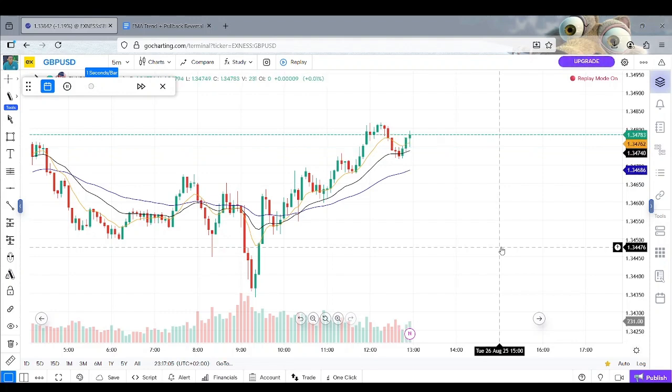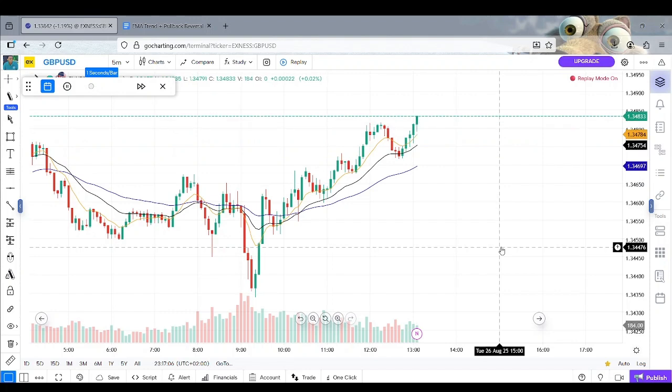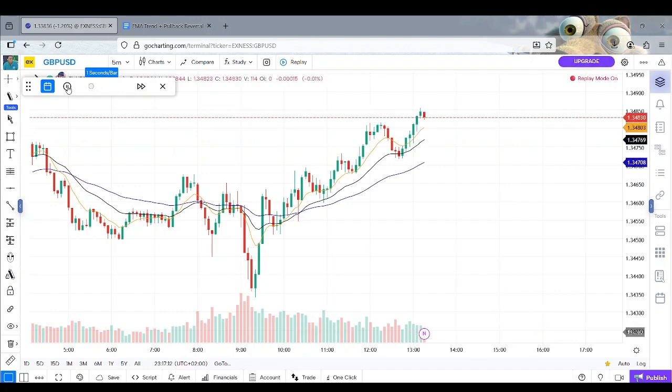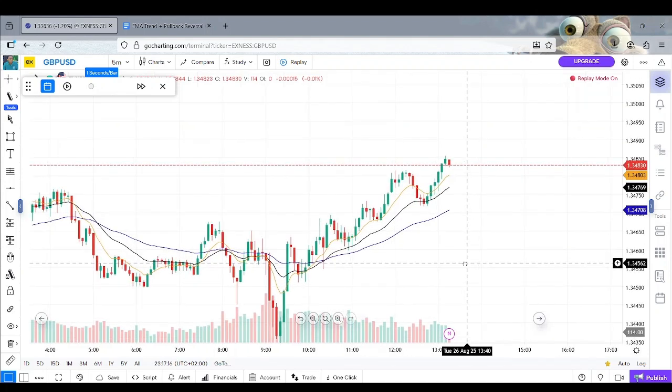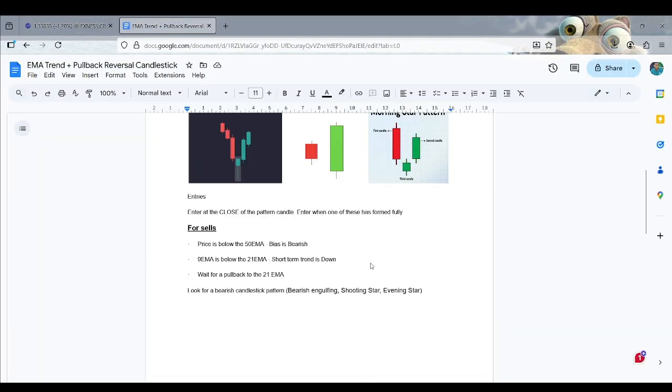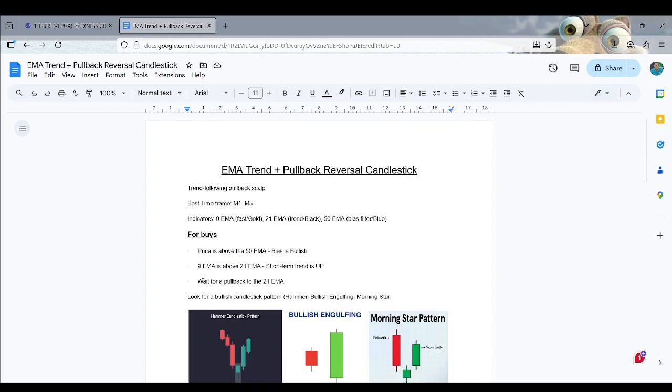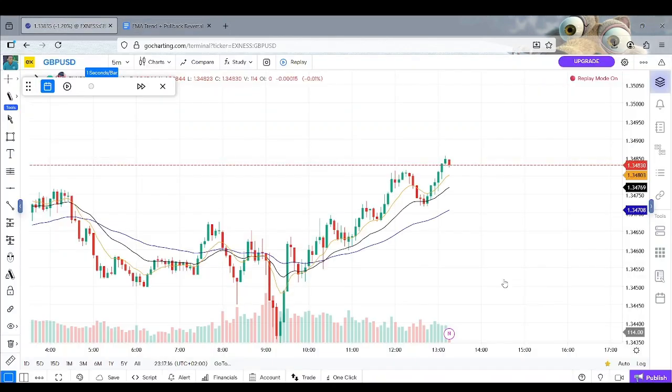It's another pullback. Okay, yeah. Remember one thing. The rule said we wait for a pullback to the 21 EMA, and right here we're up, right?